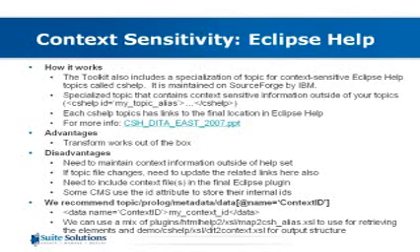Also, the same problem with the CMS. You often will override that ID. So you can have ID my topic alias, and now it became my GUID, and it doesn't mean anything to you anymore. Another disadvantage is that if you want to use the same topics for HTML help and Eclipse help, and you even want to use the same context ID, you have to store it in two places.